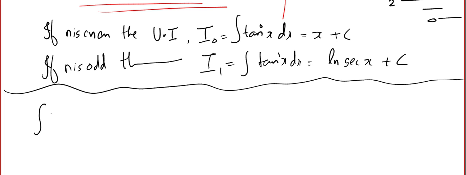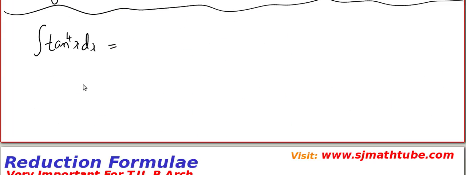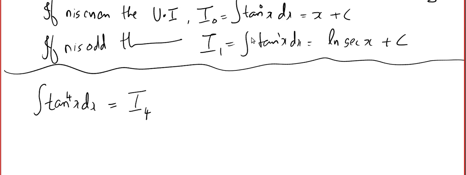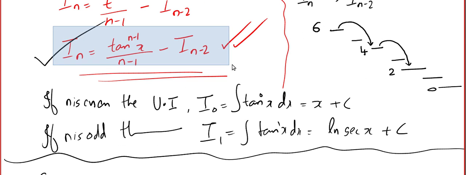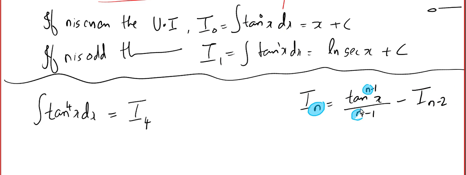Suppose you want to evaluate tan to the power, let's say 4, x dx. So what I do is I identify or I compare with the question. Okay, this is nothing but I_4, because tan to the power 4 x will be I_4. Next thing I do is I'll take the reduction formula and keep it on one side. I'll circle n wherever it's available.